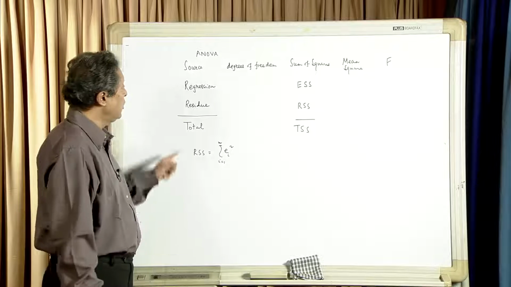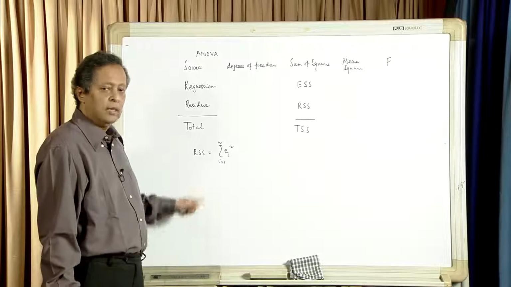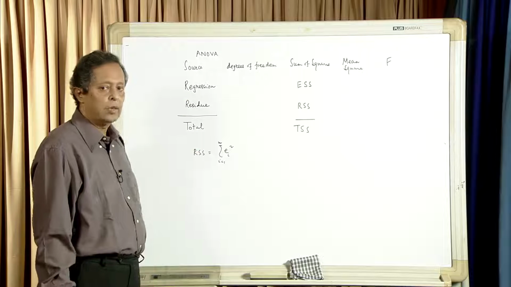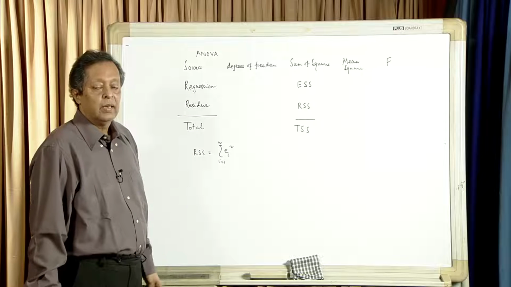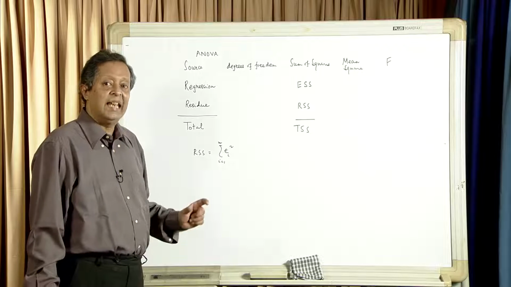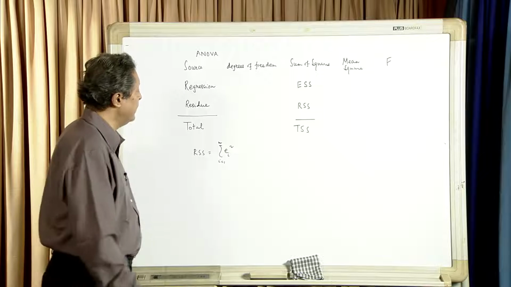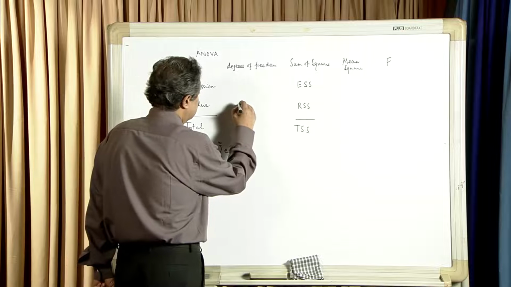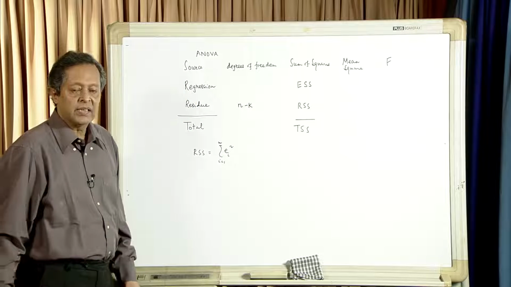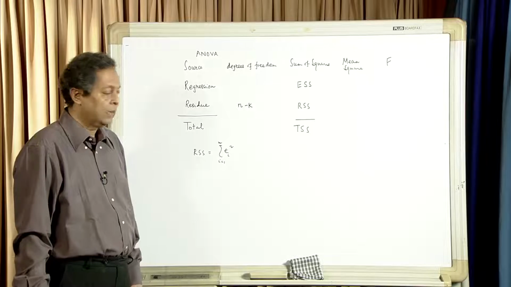So, out of n observations, in order to estimate k parameters, we lose k degrees of freedom, and therefore, we say that the residual variance has n minus k degrees of freedom.